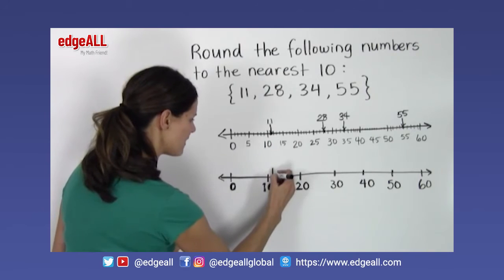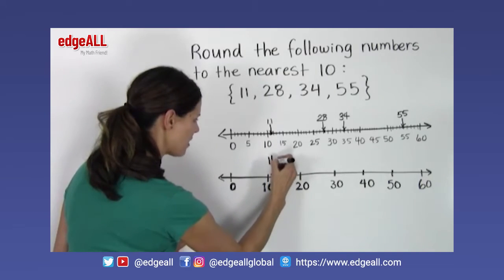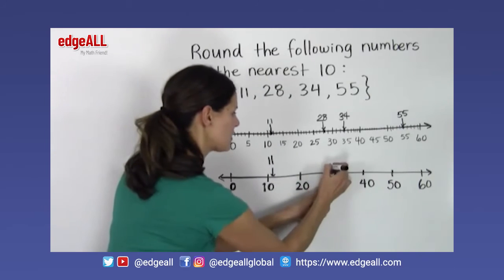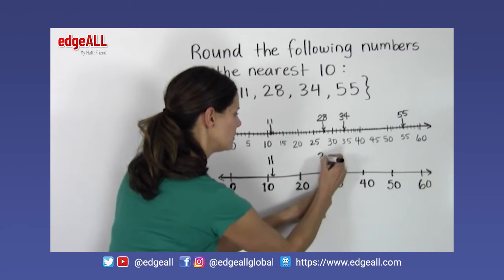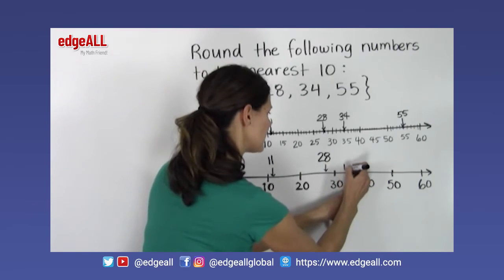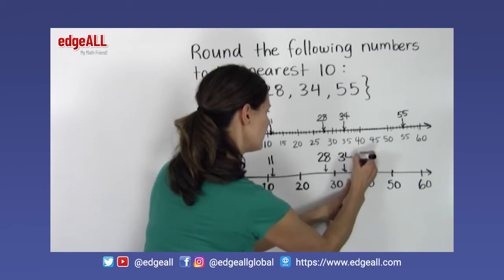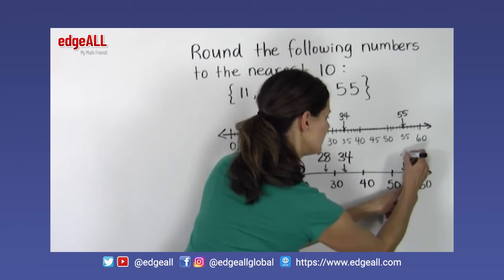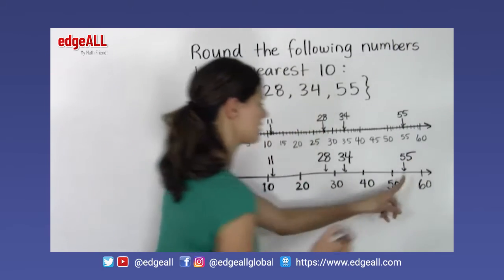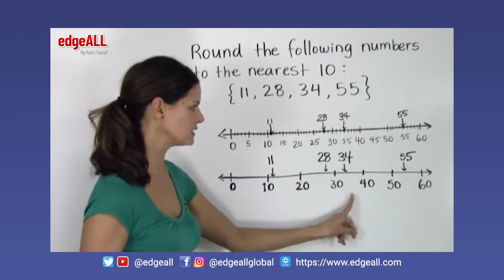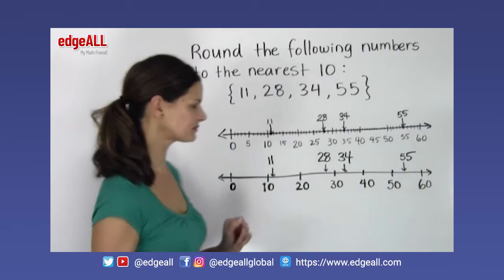My 11 would be about right here. My 28 would be about right here. My 34 would be about here. And my 55 would be about here on this number line that's marked only by multiples of 10.